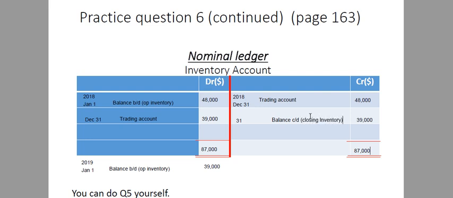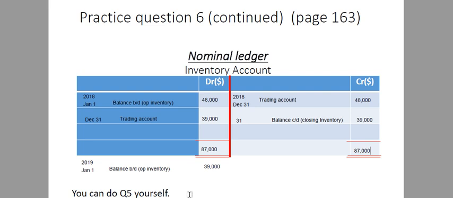Alright, so this is how we complete the inventory account, and this account is only done at the end of the year. We don't keep this account while the goods are sold and bought, and this kind of inventory account is following basically an approach which is called periodic inventory. You don't have to know that for now.